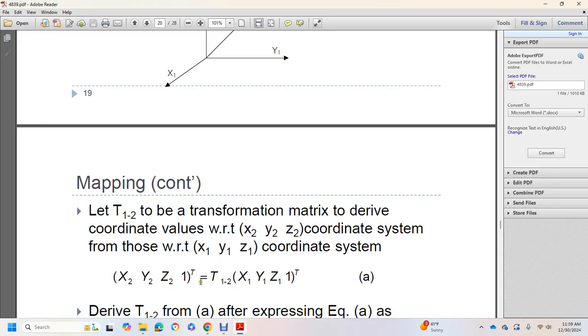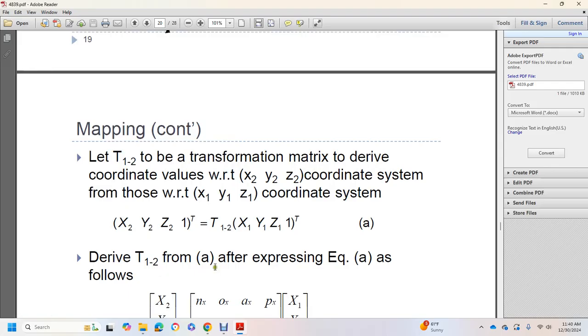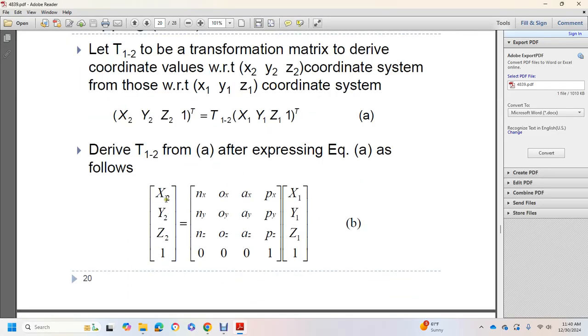XYZ2 equals T 1 2 times XYZ1. Deriving T, the expression equations are as follows: XYZ2 on the left side, and on the right side the matrix, times XYZ1, with rows N X Y Z, O X Y Z, A X Y Z, P X Y Z.